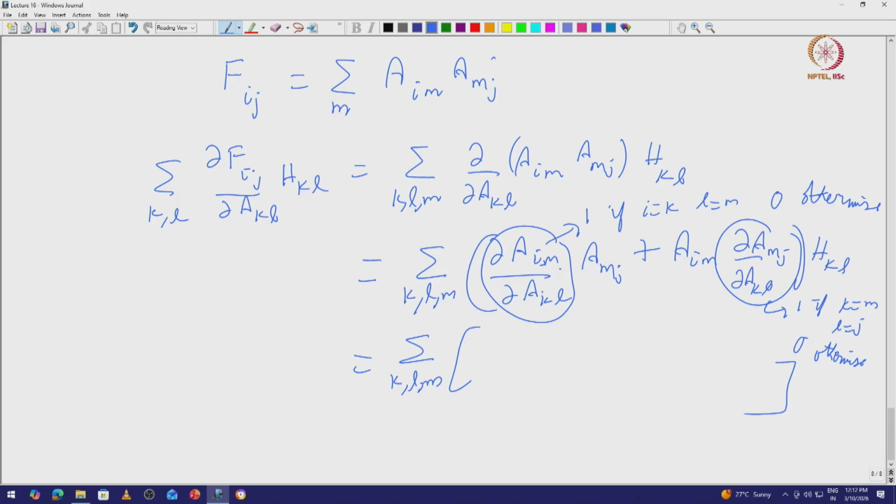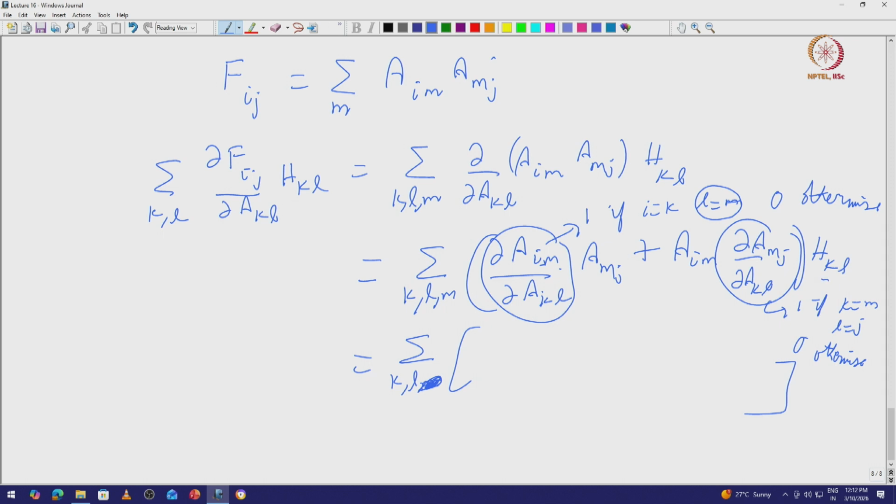So the only terms that will survive in this summation are ones where m equals l for the first term, and k equals i here.